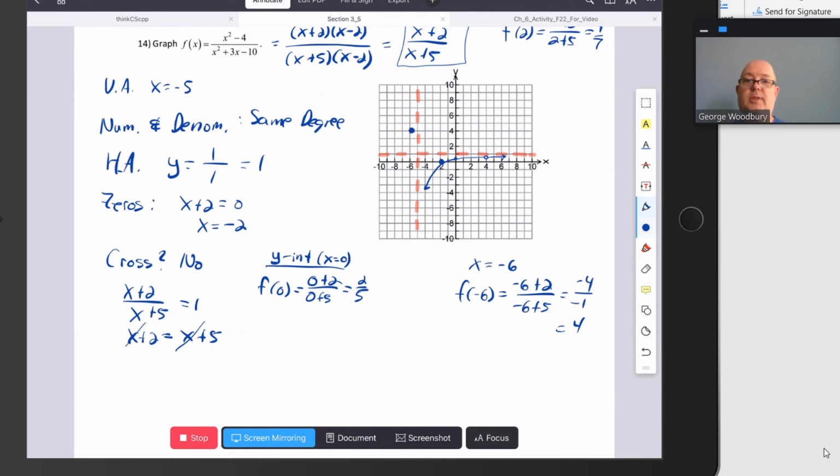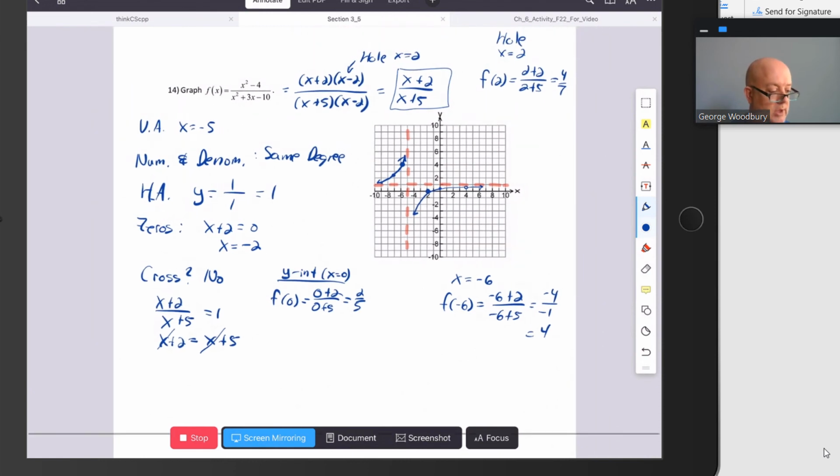So we know we've got a point there. And we could plug in more values if we wanted to, like -7. If you plugged it in, you would get -2.5. Anyway, we have a good idea of how that one behaves. It's going to be something like that.